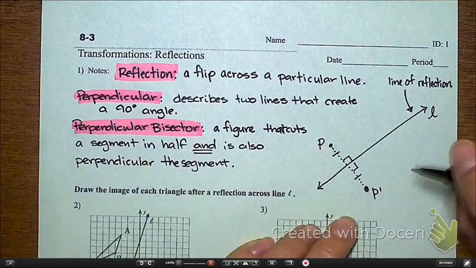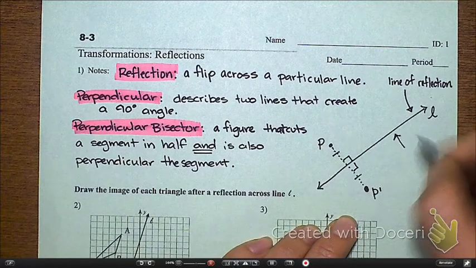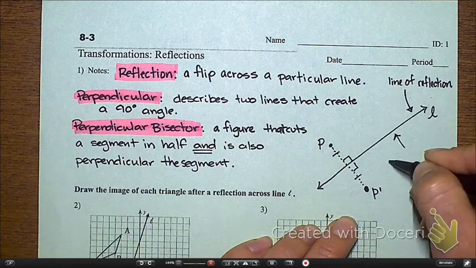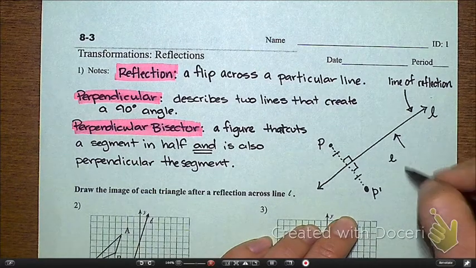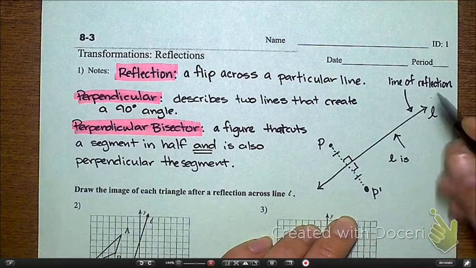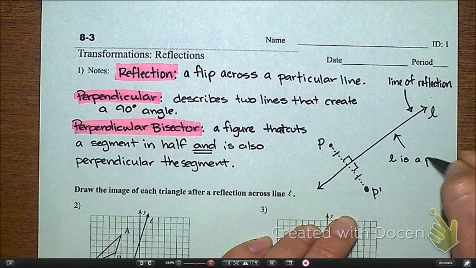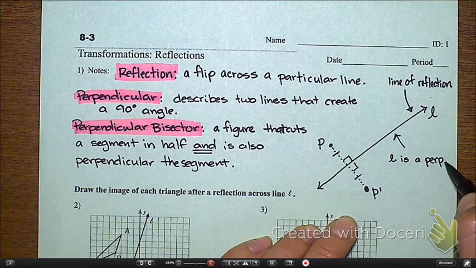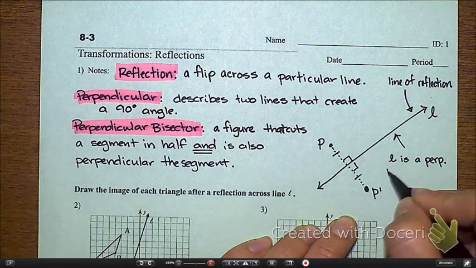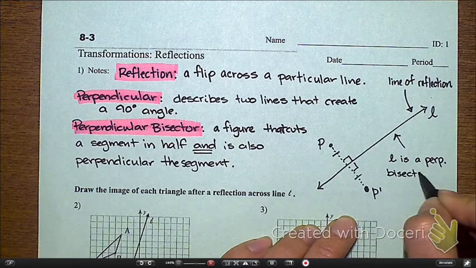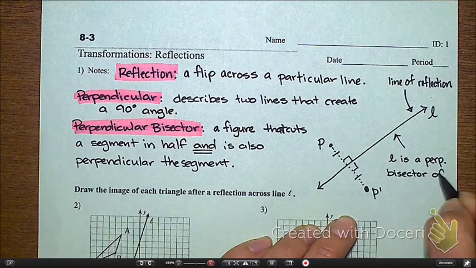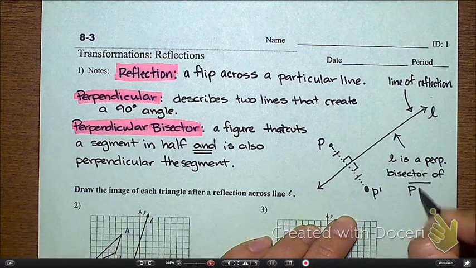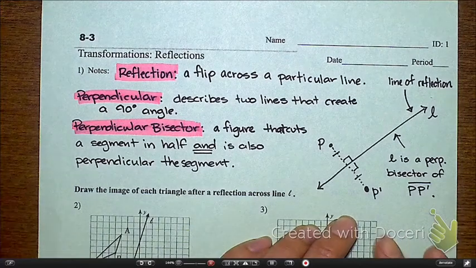So the line of reflection, line L, is also the perpendicular bisector of the segment PP prime. Is it okay if I abbreviate perpendicular?